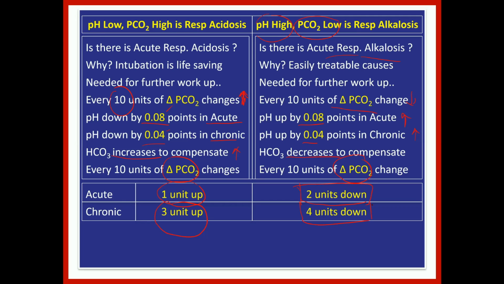Okay, acute respiratory acidosis: 1 unit up for every 10 units of PCO2 increase. Whereas in chronic, it is 3 units up for every 10 units of PCO2 increase. Whereas in alkalosis, for every 10 units drop in the PCO2, there is a 2 units down in the bicarbonate, and 4 units down in the bicarbonate in the chronic.